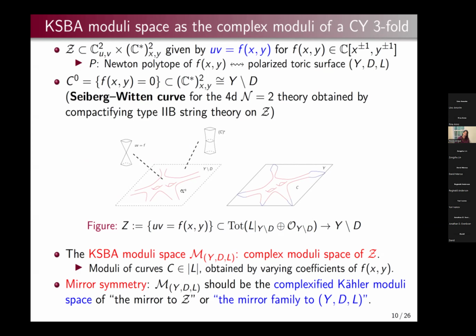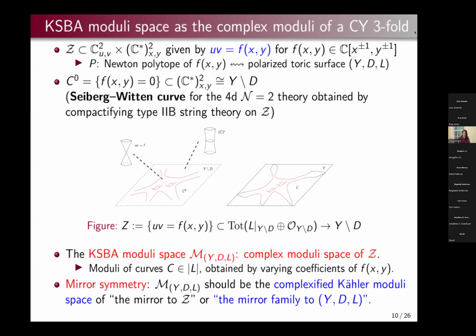So if you look at the complement of the toric boundary, each such curve will correspond to a torically transverse curve. And furthermore, one can show that if you just change the equations of f, which amounts to changing such curves, then what you're doing is changing the complex structure of this threefold.